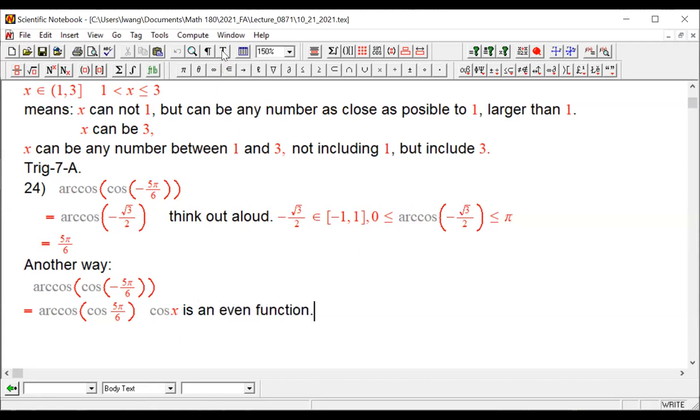What is an even function? Do you guys know what an even function is? Opposite input, same output, right?